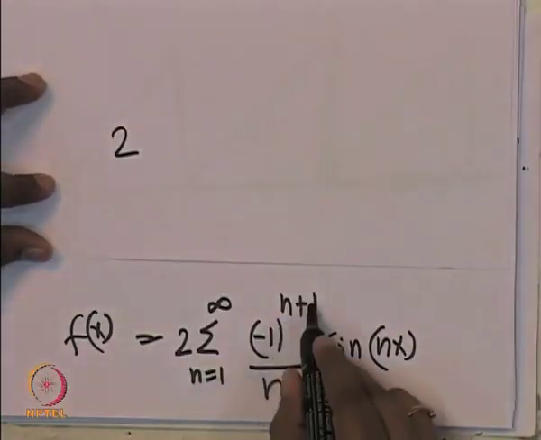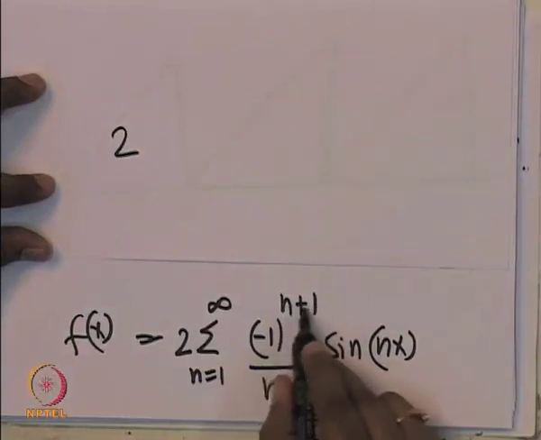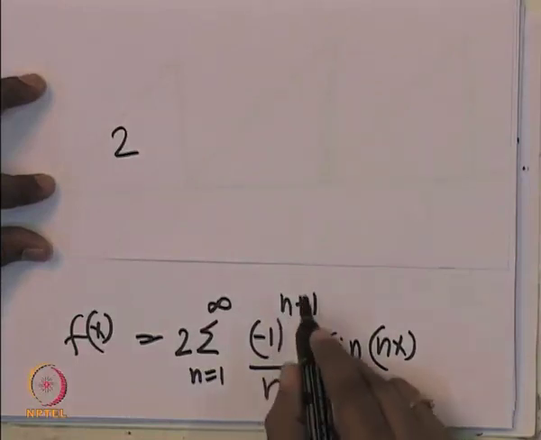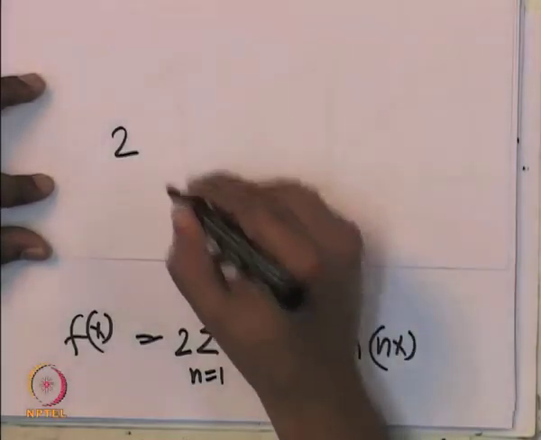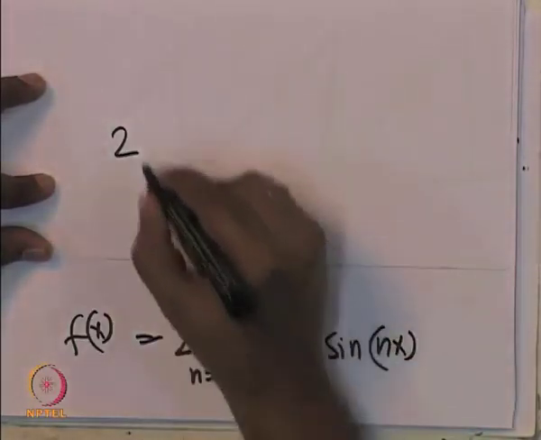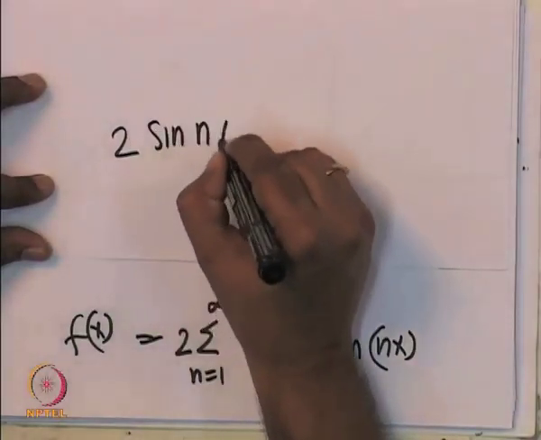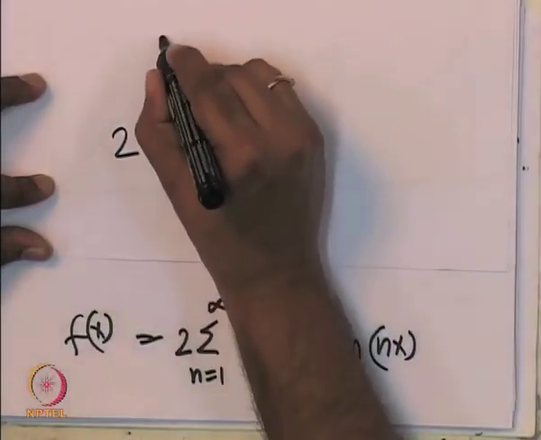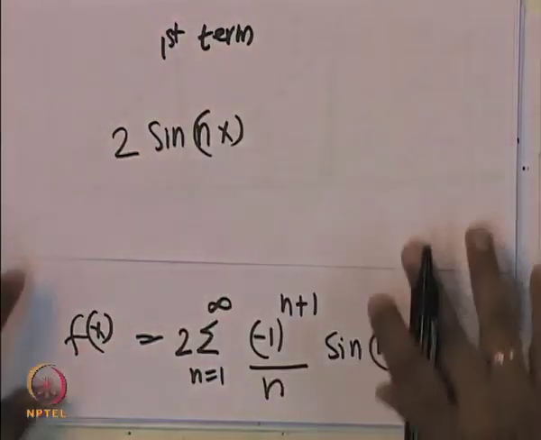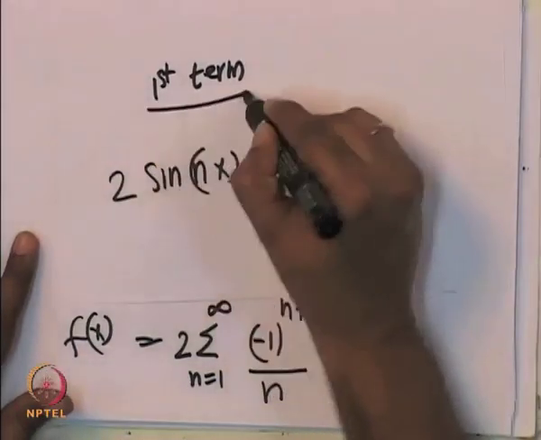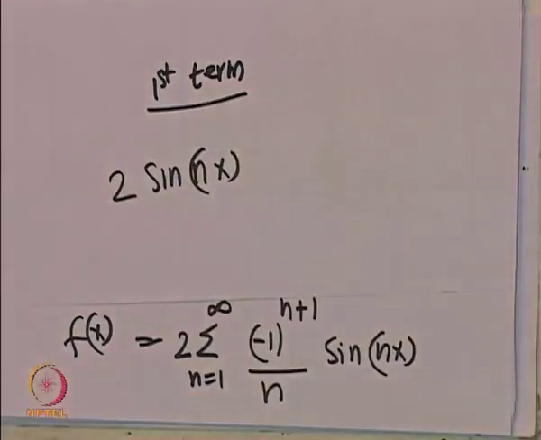Minus 1 power n plus 1, n is 1, so n plus 1 is 2. Minus 1 power 2 is 1. 1 by n is again 1. So, this is 2 sin x. First term is 2 sin x.